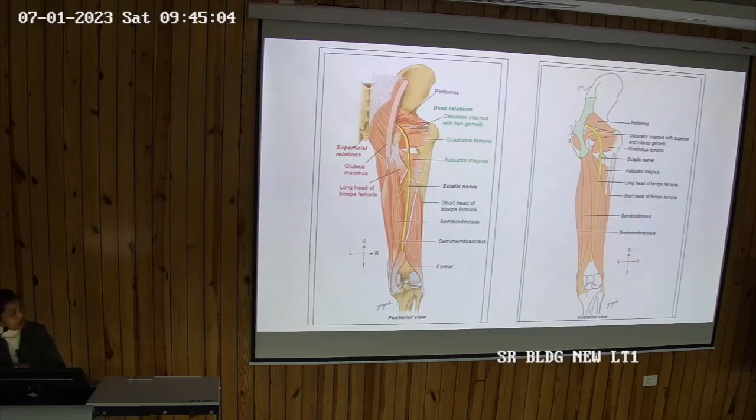Then it runs downwards, and here at the superior angle of popliteal fossa, the sciatic nerve divides into two terminal branches, tibial nerve and common peroneal nerve. ठीक है, तो इसका कोर्स कहाँ से कहाँ तक है? pelvis से लेके gluteal region से होते हुए thigh में it will be crossed by the long head of biceps femoris until the upper angle of the popliteal fossa. Here it will divide into its terminal branches, tibial and common peroneal. Clear?